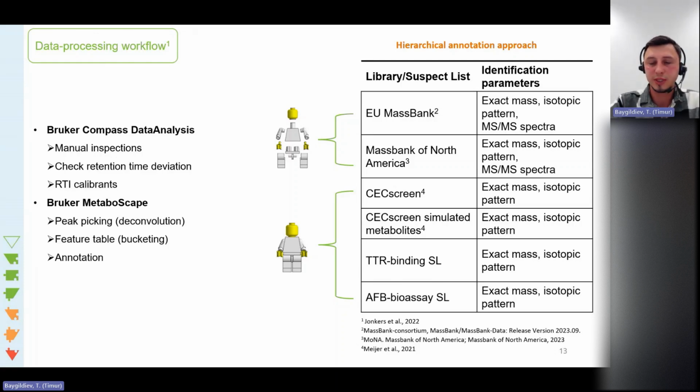We also specifically developed two suspect lists in this study: a list of TTR binding chemicals and a list of Aliivibrio fischeri bioassay active chemicals, compiled by screening the literature data and from our internal in-house experience. This significantly streamlined the identification of chemicals that might be in charge of the bioassay response detected in the assay.